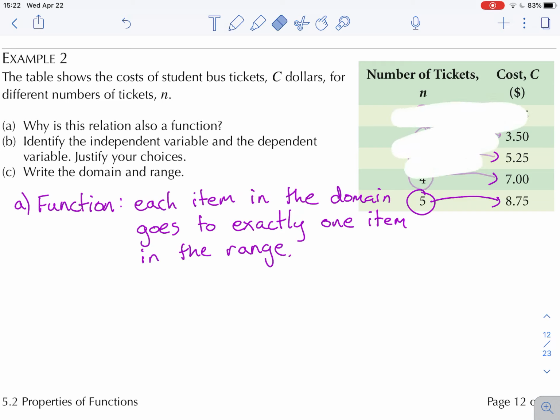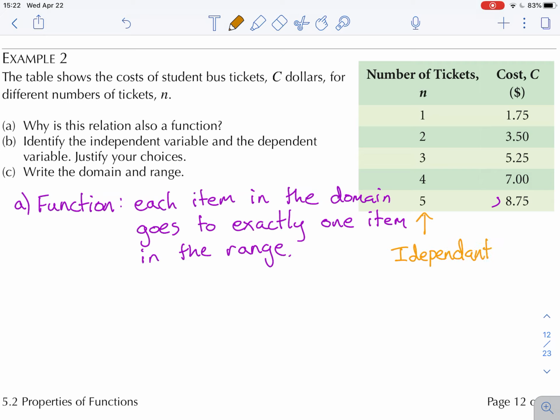Letter B, identify the independent variable and the dependent variable. Well, the independent variable is always the domain. So this one's independent. And our cost is dependent.